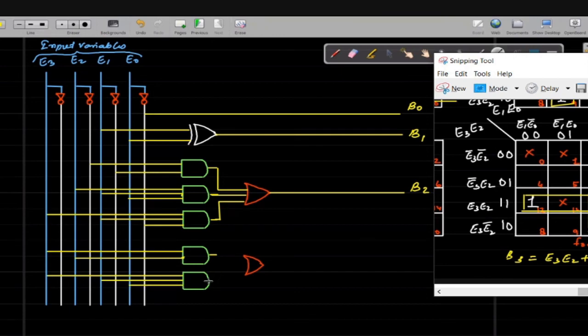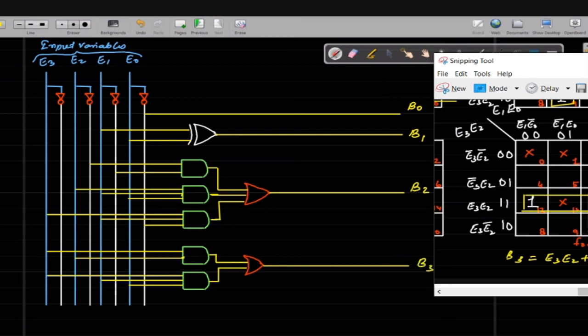So this term is available here. And now it's simple, you have to pass it inside this OR gate like this. You will have here the B3.